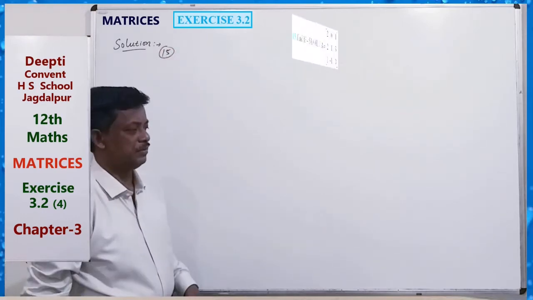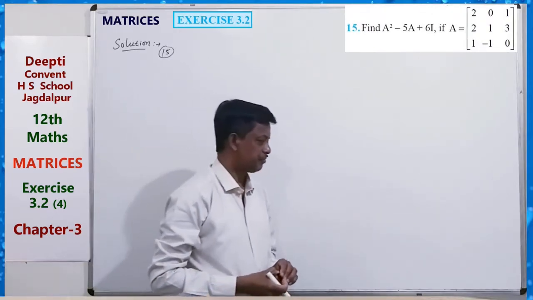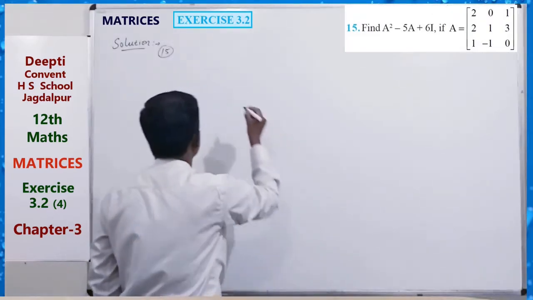Question 15 is given. Find the matrix expression A square minus 5A plus 6I.